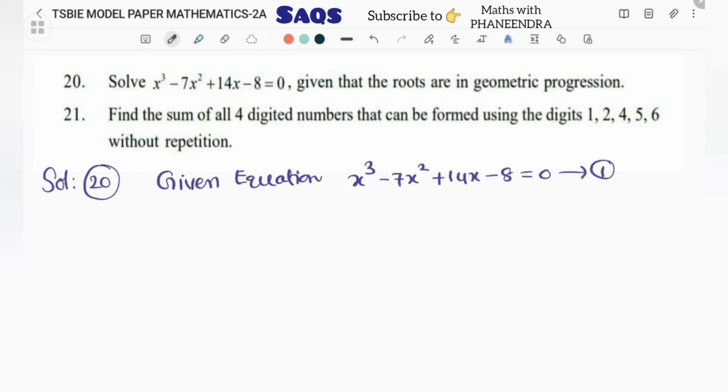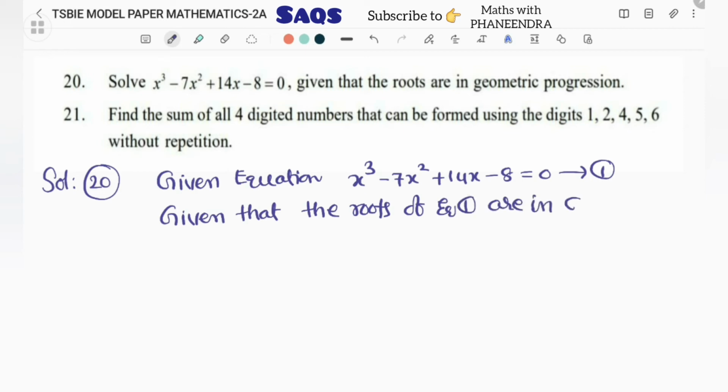Given that the roots of equation 1 are in GP, let us consider the roots. Let the roots be A by R, A, AR. So GP means the roots we are taking like this.